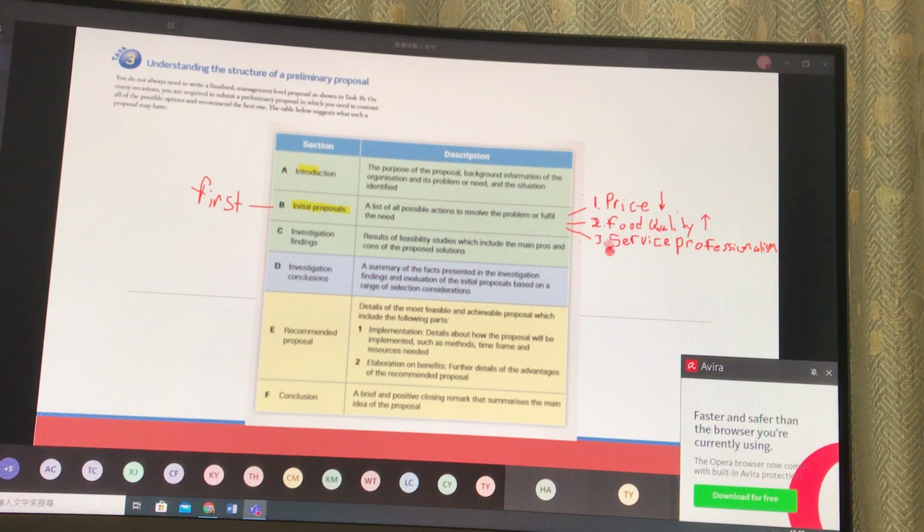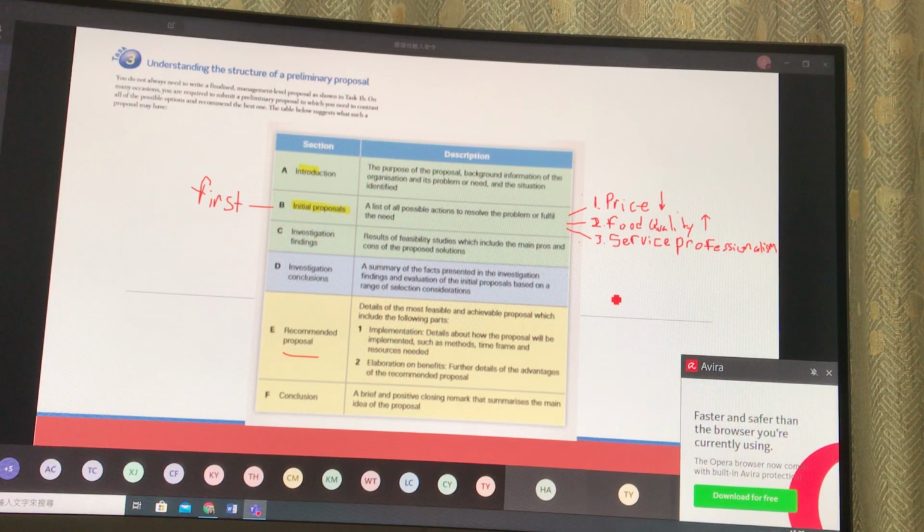So we find the pros and cons of each solution, and then we have a summary of the facts and investigation conclusions, and then we figure out which one would be our recommended proposal. So we choose one of these to move down to our recommended proposal.